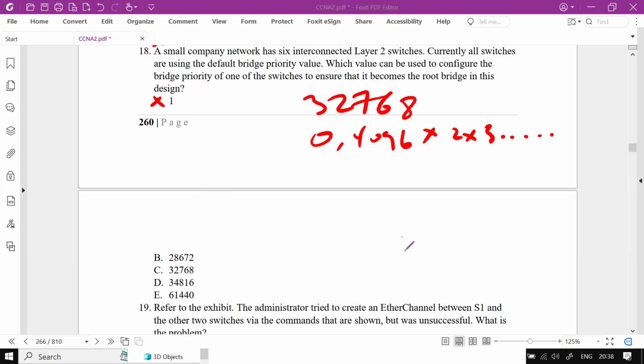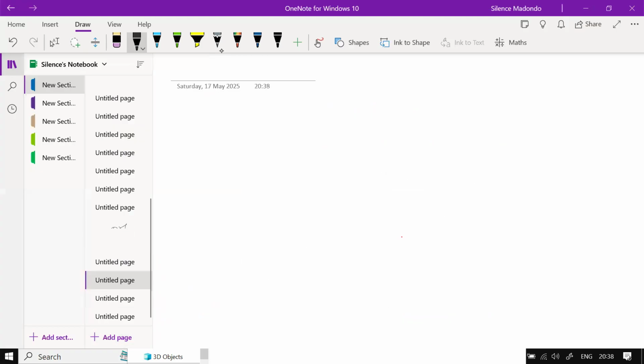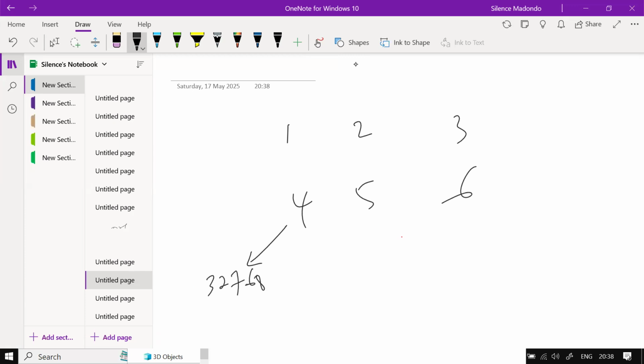Let's look at this. The question is: in a 6-switch network, 1, 2, 3, 4, 5, 6, my switch priority value is default, which means my switch priority value is 32768.